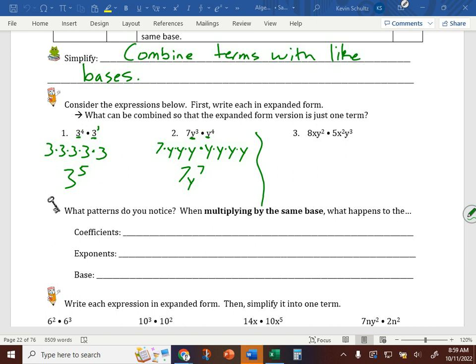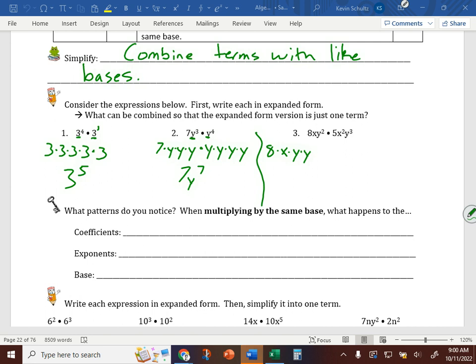How about the last one here? The first one, 8xy squared. First time we've seen 2 variables in the same expression. That's okay. We can handle this. What is 8xy squared in expanded form? There's only one x there.